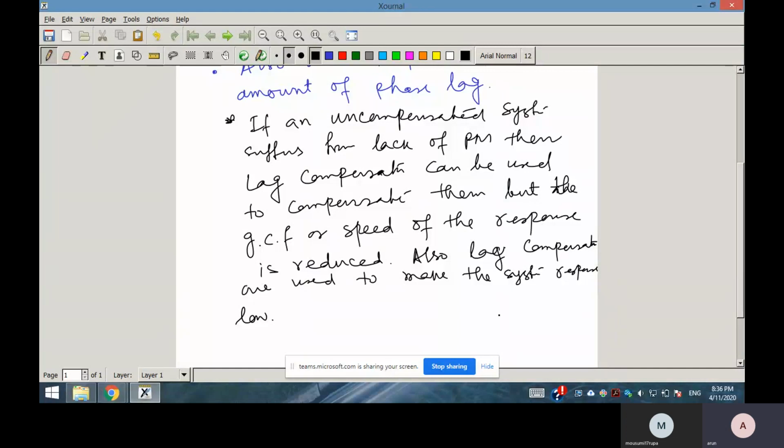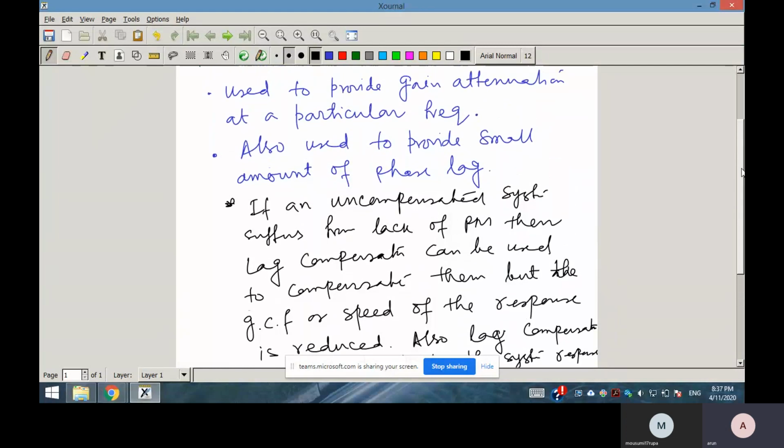That means you have to bring down the gain curve of the uncompensated system so that the desired phase margin you will get. Once you bring the gain curve down, the gain cross frequency will reduce. So what advantage will you get? Your phase margin will increase. So this is the main use of a lag compensator.